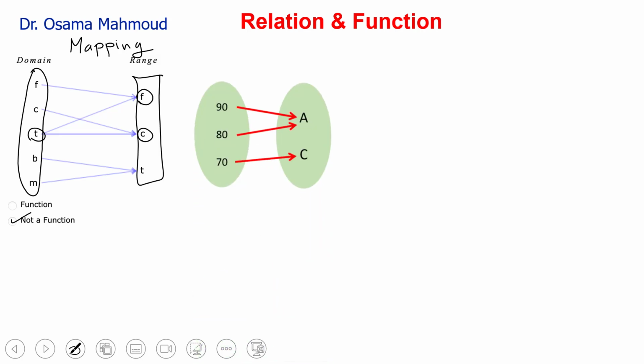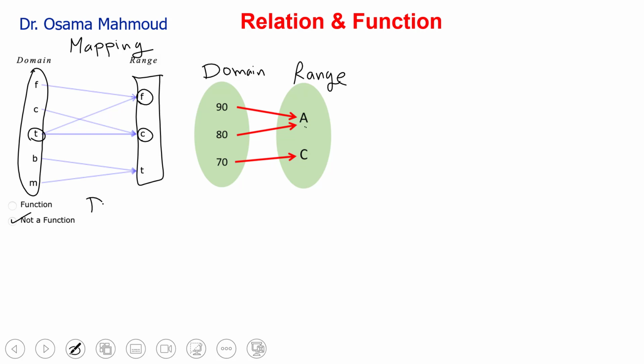Also here, we check now: every element in the domain has one image in the range. It doesn't matter if one element is the image of two elements in the domain, right?